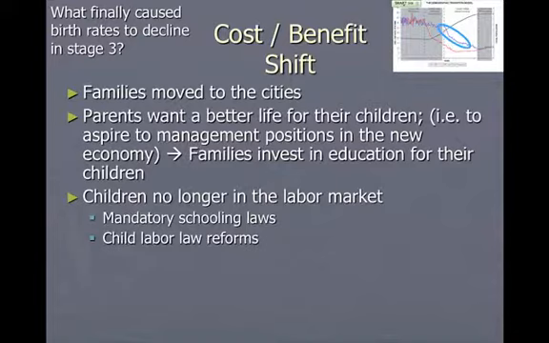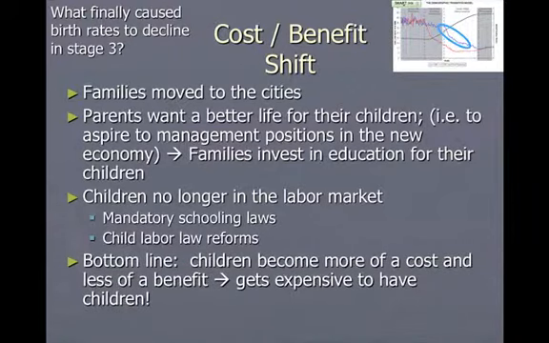As people saw the value of education, you couldn't provide those kinds of resources for every child, so it changed the investment: rather than having several kids with minimal investment, you now had fewer kids and greater investment. And you started to see less labor, no benefit to having lots of kids that you could put into the factories and the early textile mills that would provide that economic benefit to the family. Basically, it becomes more expensive.